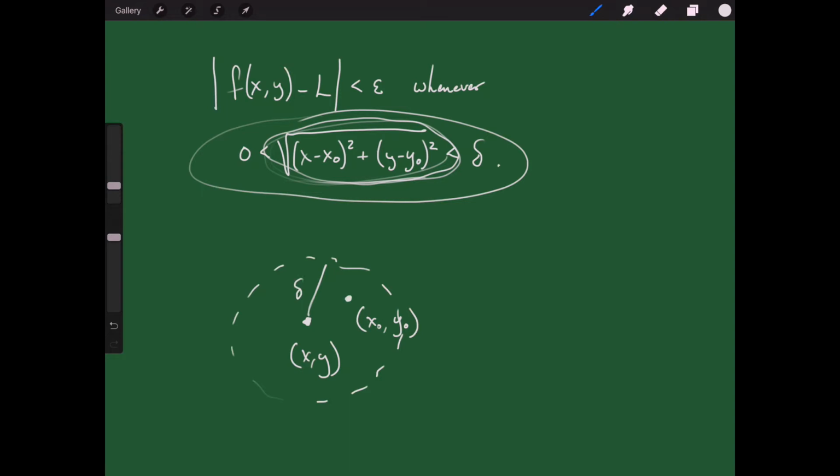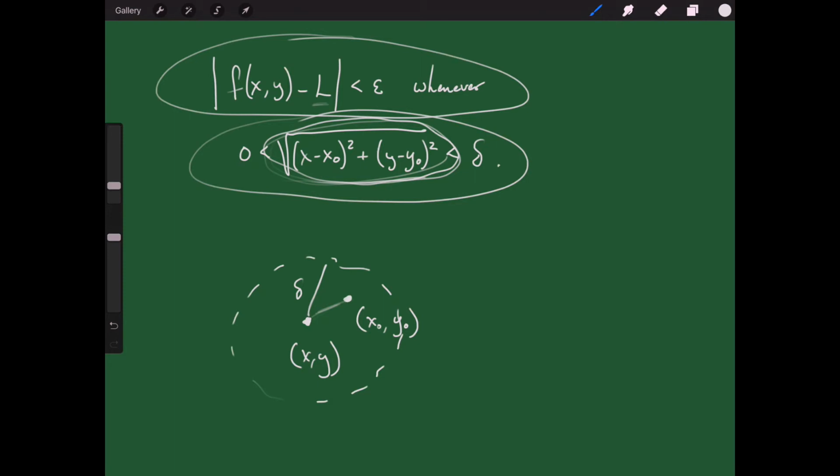Okay, so if I know that this point x0, y0 is within delta of x, y, then I'm guaranteed that the function is close to the limit value. In other words, the functional value of this point x, y is close to L. This is exactly the same as what our limit is in 2 dimensions, but now we're dealing with an extra dimension that this original point can live in.